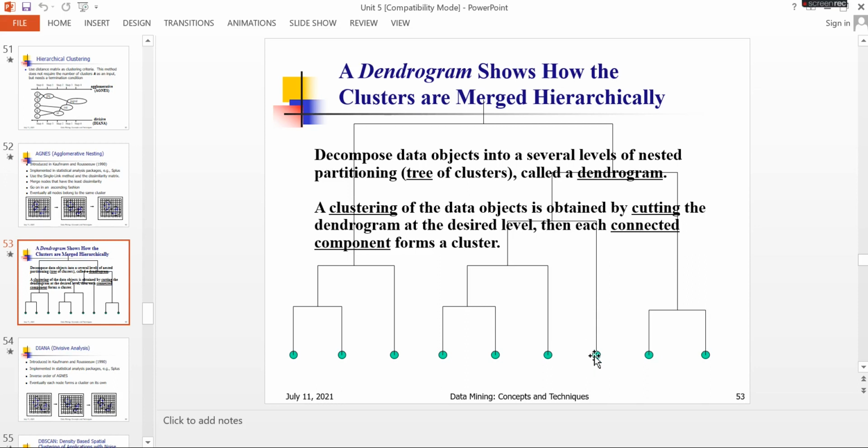Again, G as one, DEF as one, F as one and DE as one. Again, DE is divided into two, D as one and E as one. Like that. So it is nothing but a tree-like structure. The representations, agglomerative and divisive, we have already seen. Here we are just representing it in a tree-like structure.